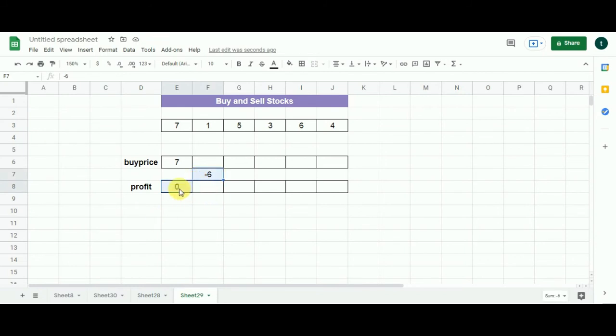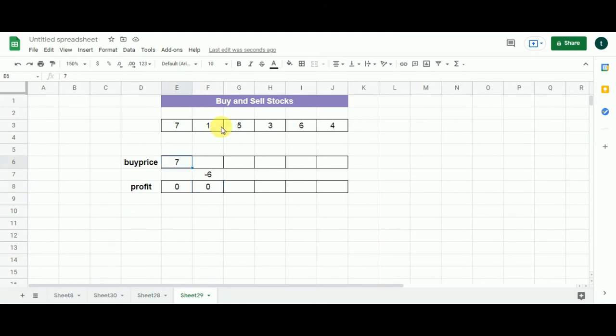On any day in all my senses, I would pick up 0 over minus 6. Alright, 0 means no loss, neutral, and minus 6 means loss. Thus I populate 0 in this cell from the previous subproblem, and like I said earlier, to obtain max profit I'll have to pick up the buy price as low as possible.